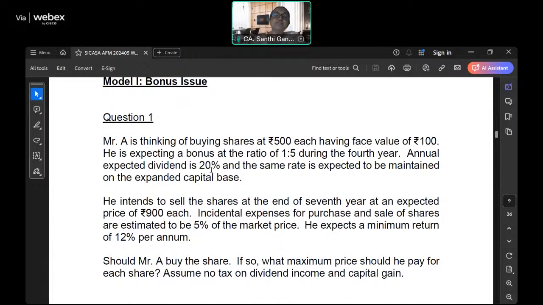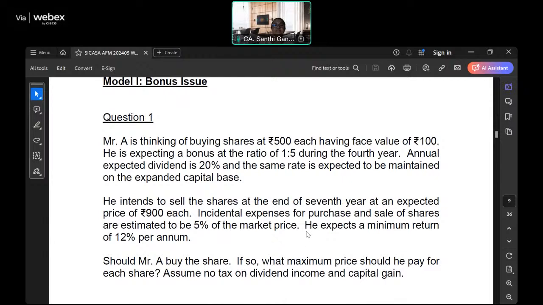Annual expected dividend is 20%, and the same rate is expected to be maintained on the expanded capital base. He intends to sell the shares at the end of the 7th year at an expected price of 900. Incidental expenses for purchase and sale of shares are estimated to be 5% of the market price. He expects a minimum return of 12%.